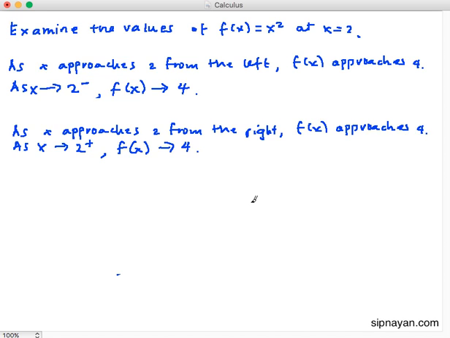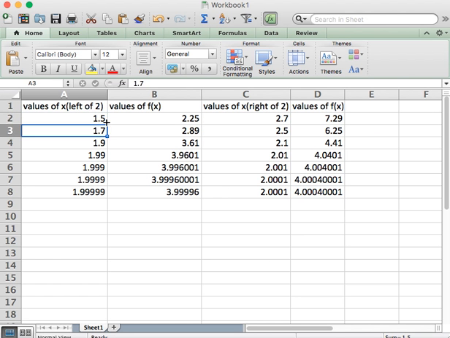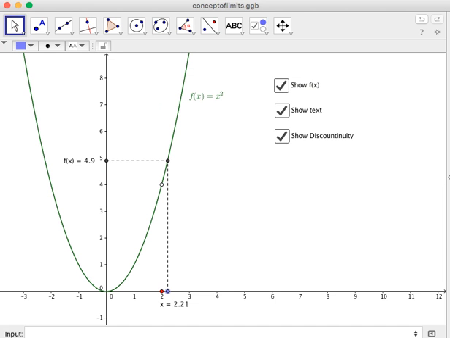And sa previous video ay nakita natin, no, what happens to the value of the function f of x equals x squared at values that are close to x equals 2. So nakita natin from Excel na habang yung values from the left of 2 ay approaches 2, these are the values to the left of 2, yung mga 1.5, 1.9, 1.99.